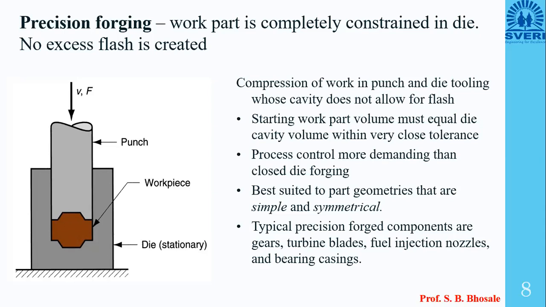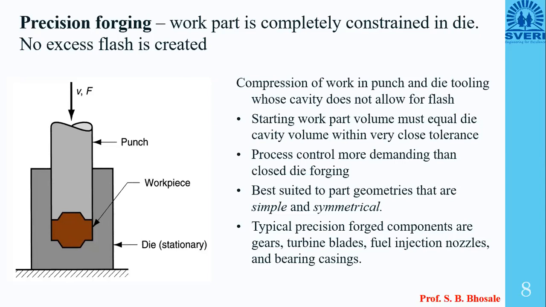Process control is more demanding than in closed die forging. In closed die forging, if a little more material is there, it can be converted into flash. But here controls are very important, volume is very important. It is best suited to part geometries that are simple and symmetric.